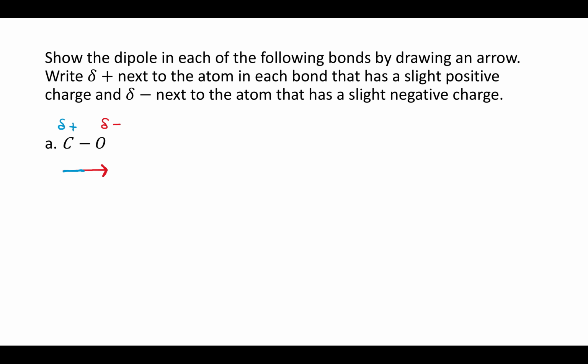Not only do you write the arrow, but you also write a little plus sign on the tail of the arrow to remind you of the slightly positive charge that's on the atom on that side. So these are the two ways of drawing the dipole in this bond. One way using the delta plus and delta minus, the other way using that arrow with the positive tail.